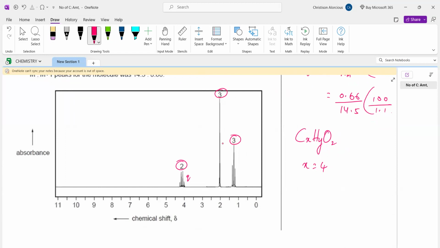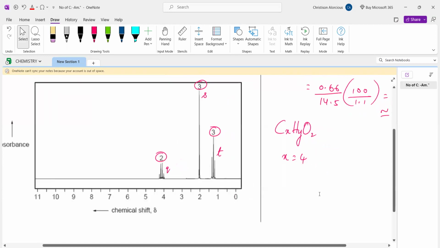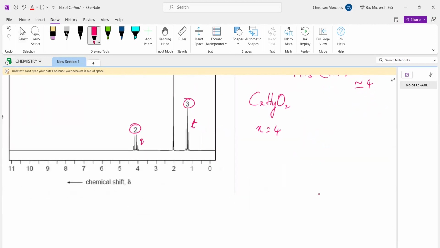So we have a 2 hydrogen quartet, a 3 hydrogen singlet, and a 3 hydrogen triplet.